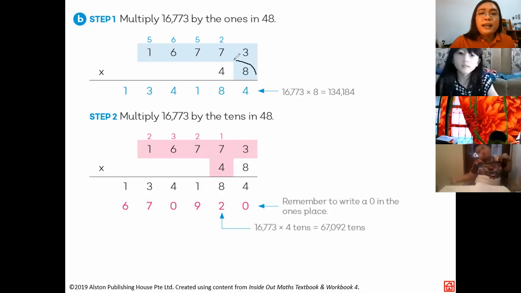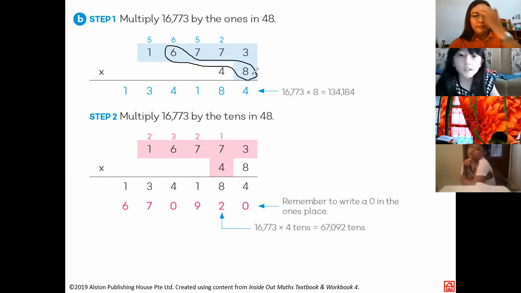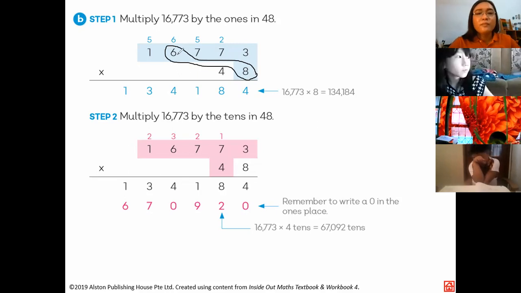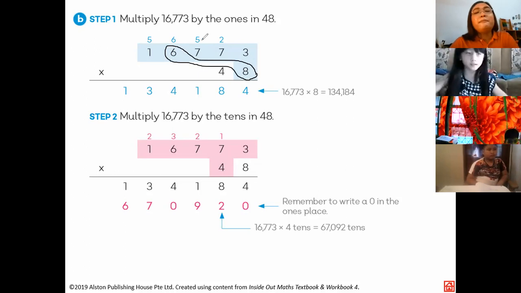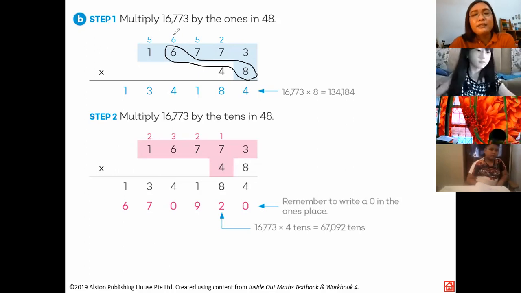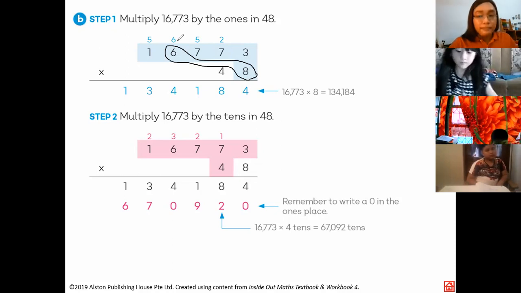Next, multiply 8 and 6. That's 48, plus 6, 54.